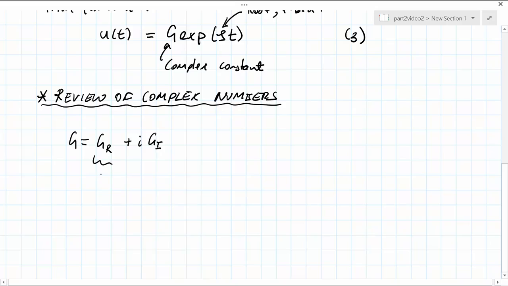We denote the real component as Re and the imaginary component as Im.